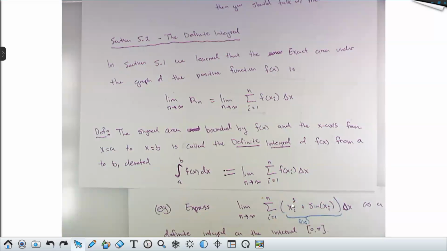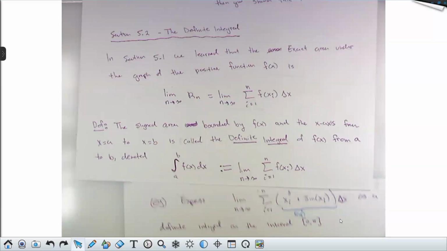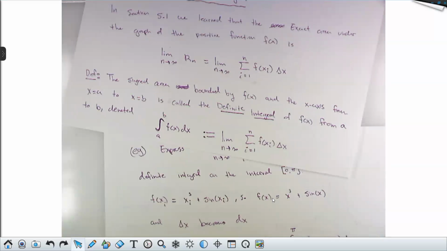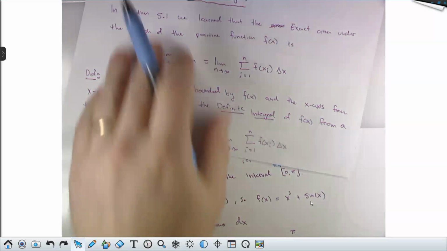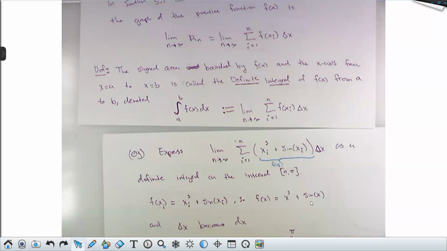You have xi cubed and the sine of xi. So this is really about understanding function notation at this point. I'm just asking what function, when you plug in xi for x, gives you this? And the answer is clearly x cubed plus sine x, because what we have there is xi cubed plus sine of xi.